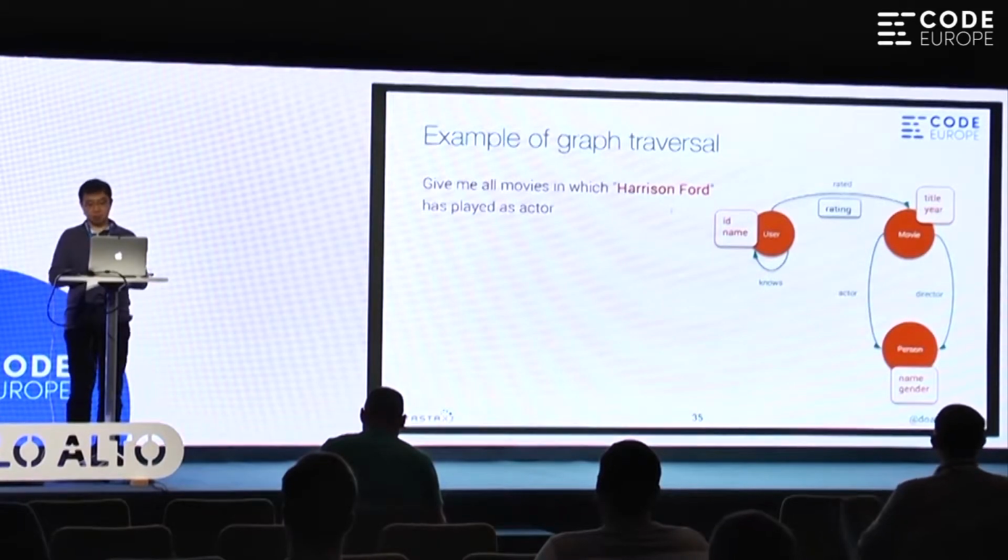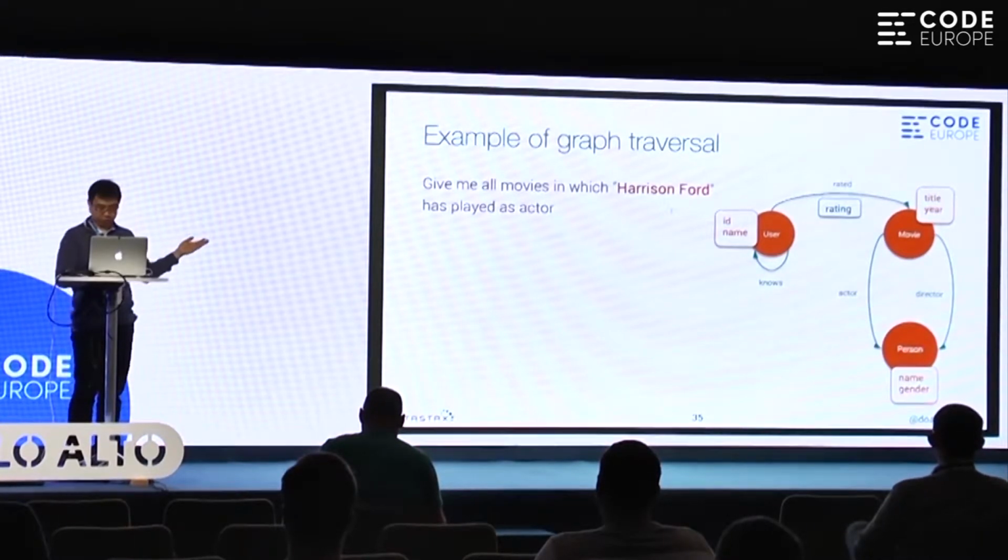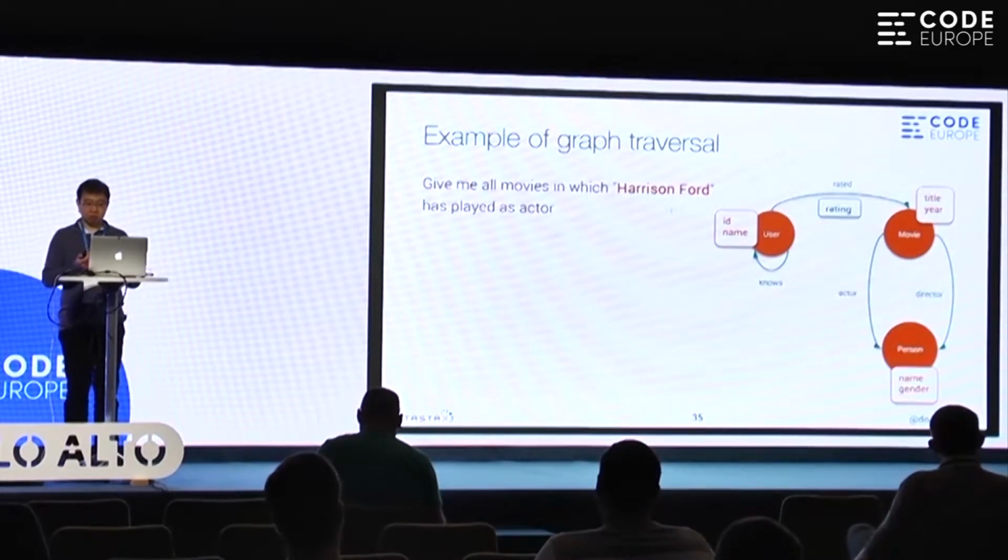So this is an example. Here is my graph schema. I have a user with ID and name, which knows all the users. I have a movie with some properties, the title of the movie, the year of the movie. I have a person, which also has some properties, name and gender.